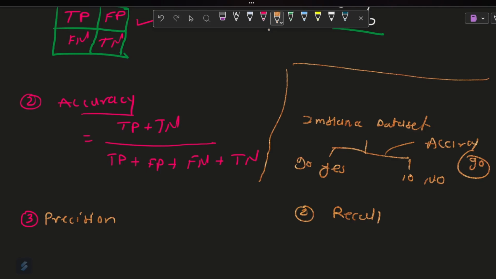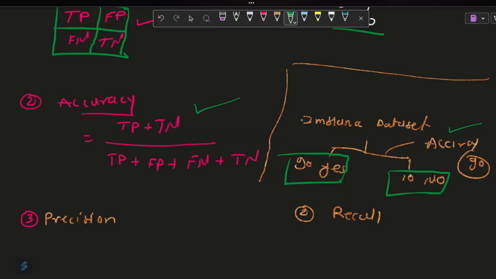When you look at the accuracy, 90% accuracy is good. But in that case, the model does not consider the minority points. It focuses more on the majority points. That's why the accuracy is 90%. But in that case, we can't use that accuracy, right?